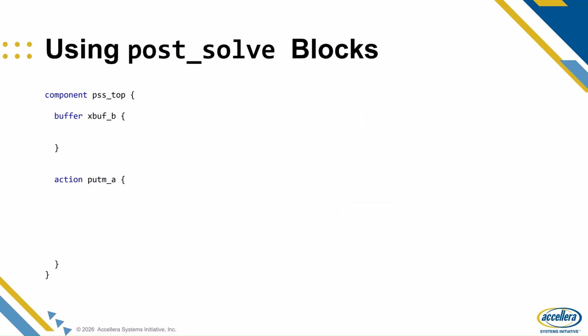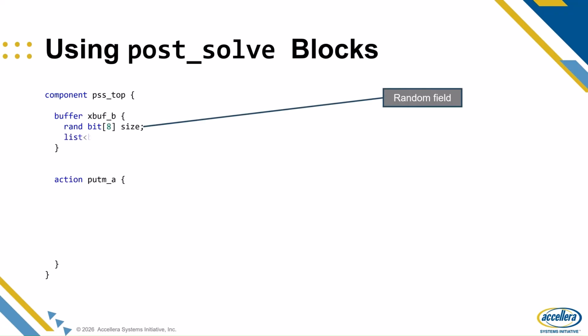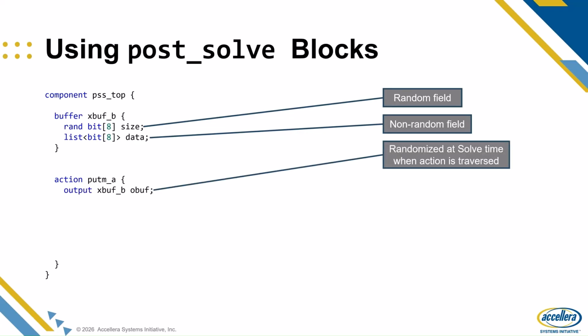Here's a common use model for post-solve blocks. Our PSS top component includes a buffer and an action, and the buffer has a random size field and a non-random data field holding a list of 8-bit values. As in session 4, a list is a variable-sized ordered collection, like a SystemVerilog queue, and keeping it non-random greatly reduces the load on the solver. The put M action outputs the buffer, so its random fields are solved when the action is traversed.